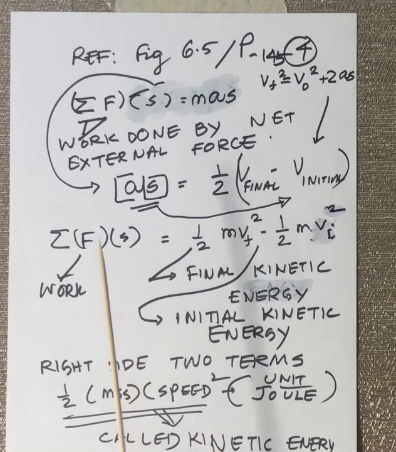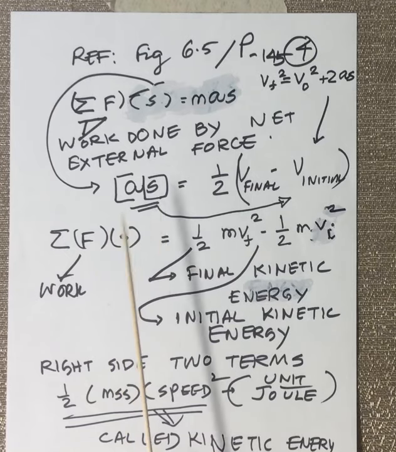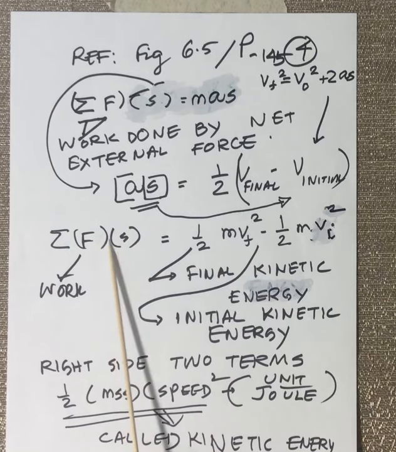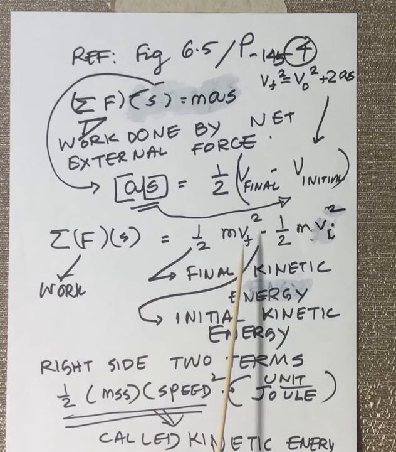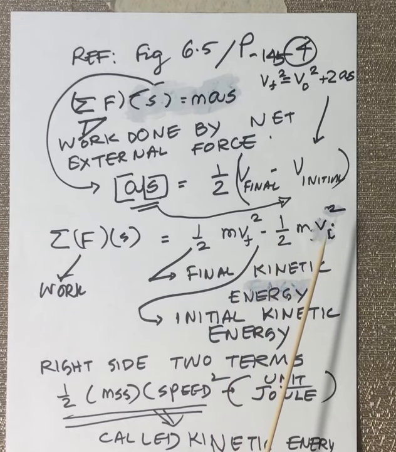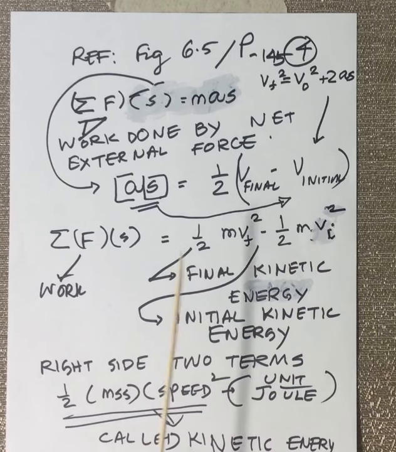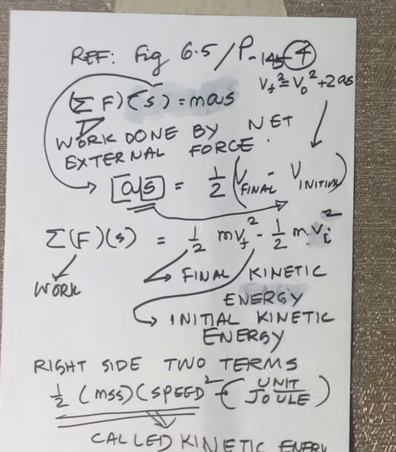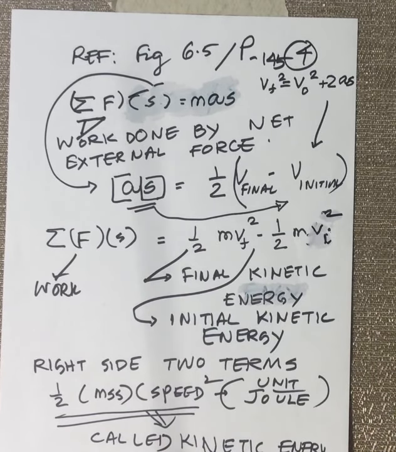That's how we come up with work equals F times S, half mv square, which is final, take away half mv square initial. So the first term we have is the final kinetic energy, and the second term is the initial kinetic energy. So on the right side you have two terms which are kinetic energy.